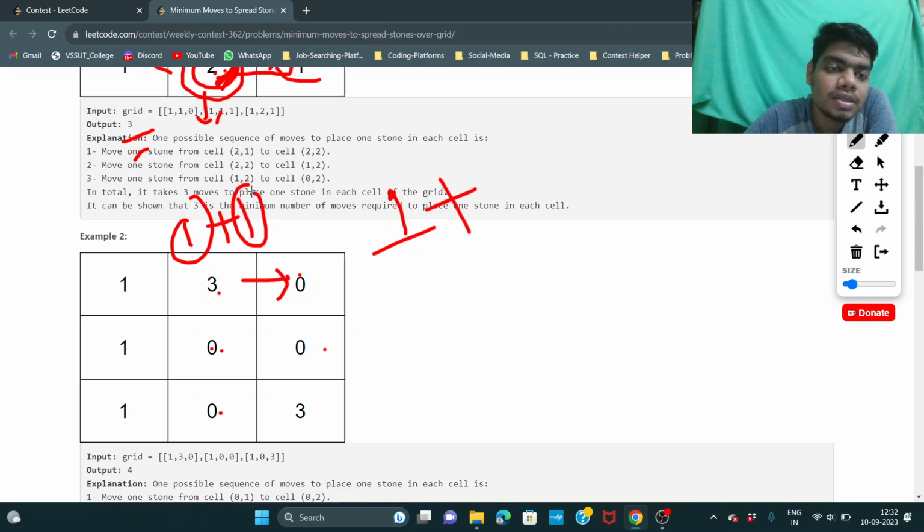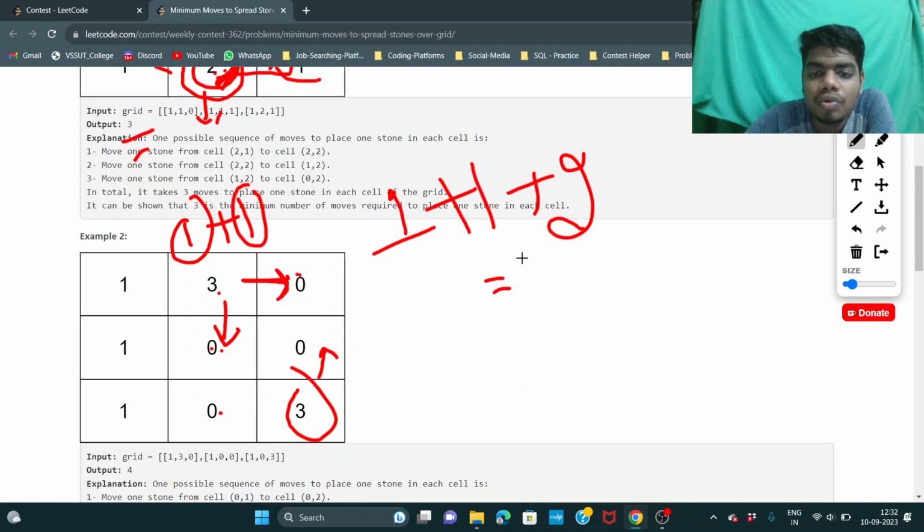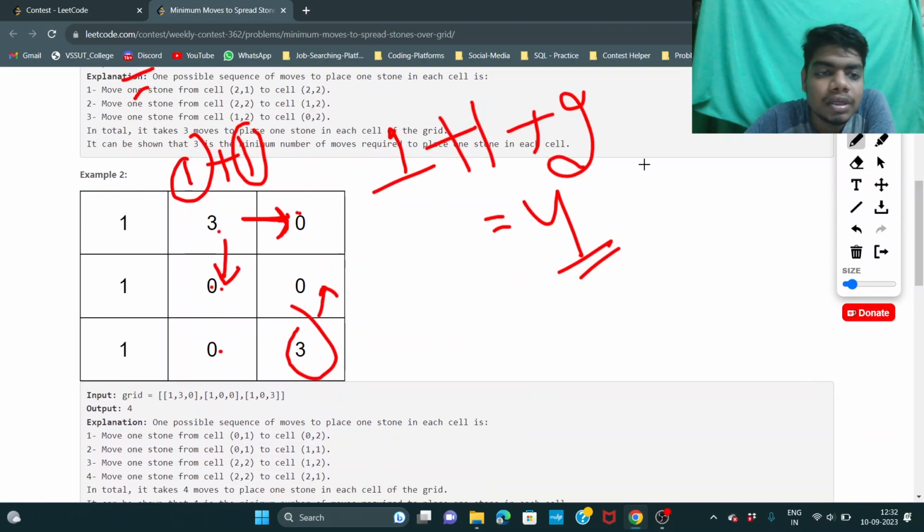And similarly, after placing one, we have three possible ways. So remove two stones and place one here, place one here. So this is two. And similarly remove two stones, place one stone here, place one stone here, two. So total four moves. Okay, this might seem like a BFS DFS kind of thing.